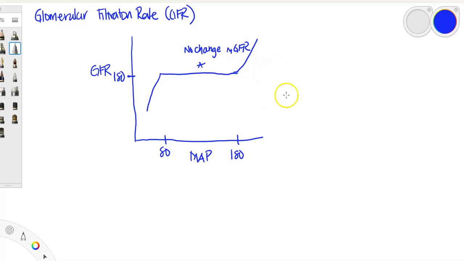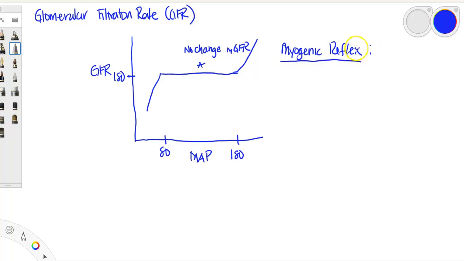How does the body maintain this? Well, the most immediate reaction from the body is something called the myogenic reflex. Well, I can't spell at all. The myogenic reflex.